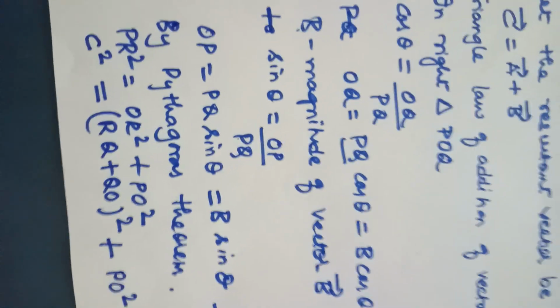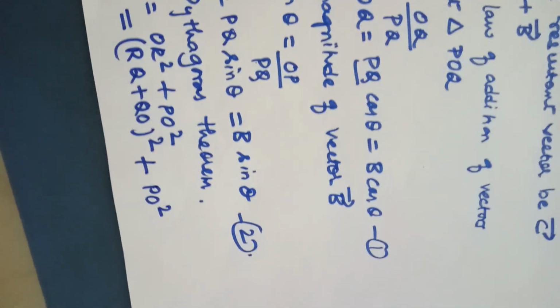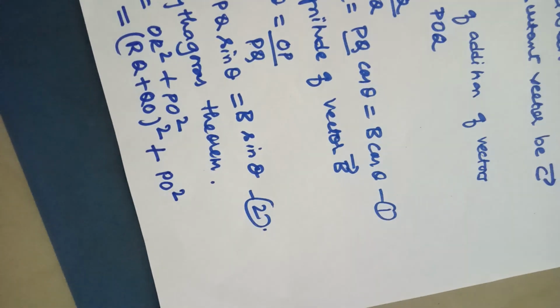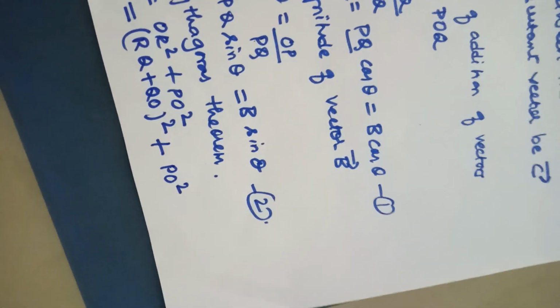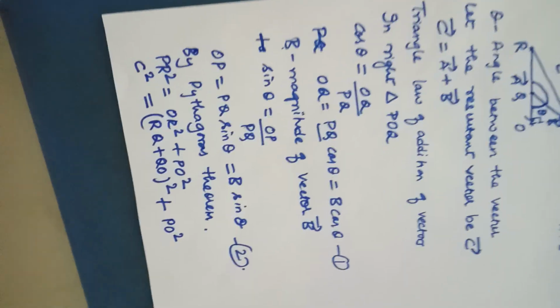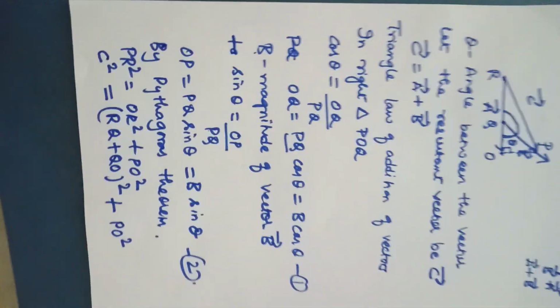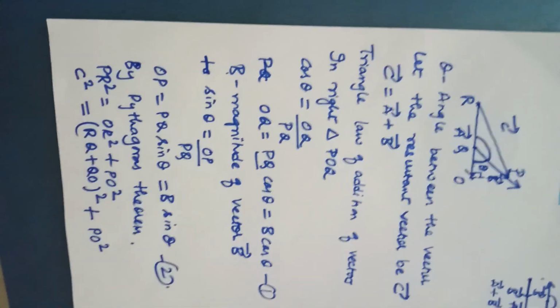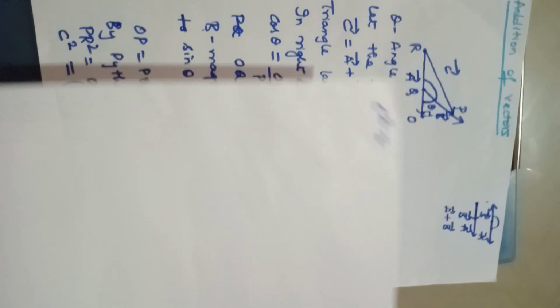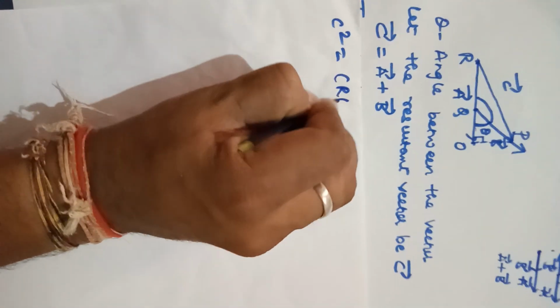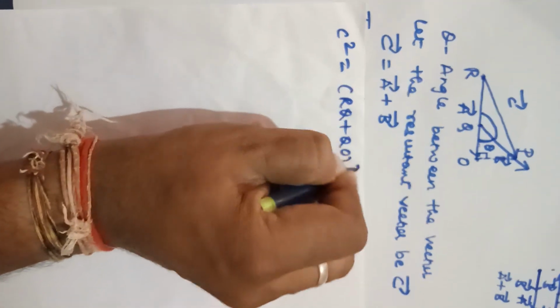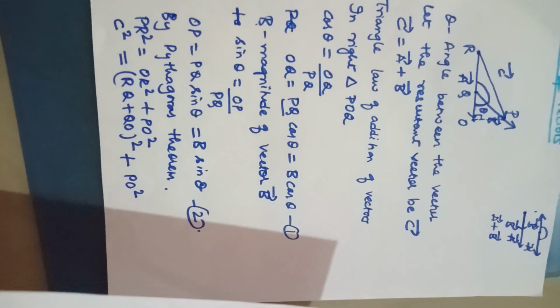Next, we just need to substitute the values of RQ, QO and PO, and we can find out the formula to calculate the magnitude of vector C. So I'll just rewrite this. C square is equal to RQ plus QO whole square plus PO square.